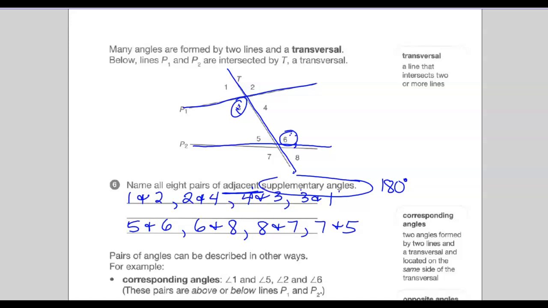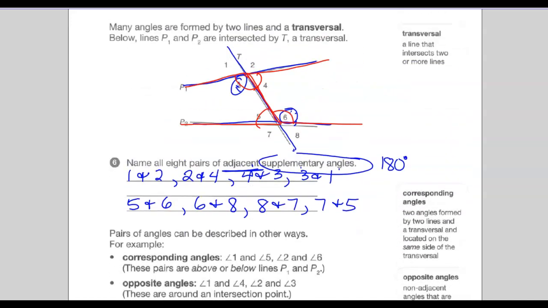And so the way of remembering that, let me just use red, is kind of a funny looking Z. Okay, so that angle and that angle are alternate interior. Or a backwards Z. That angle and that angle are alternate interior.